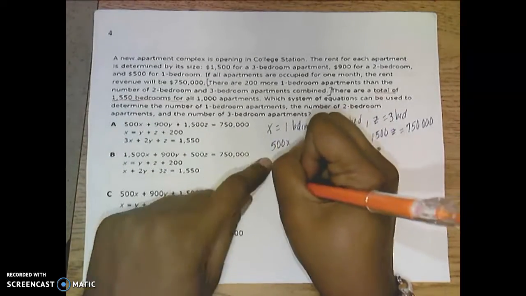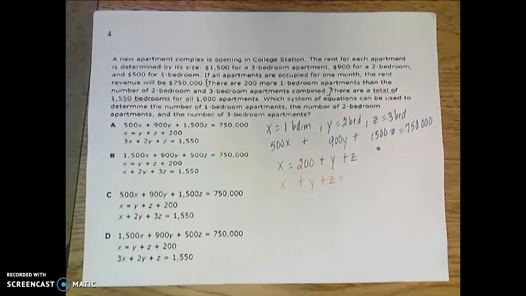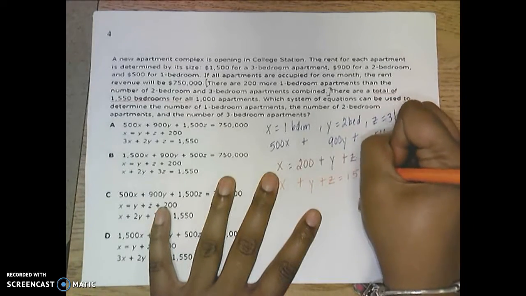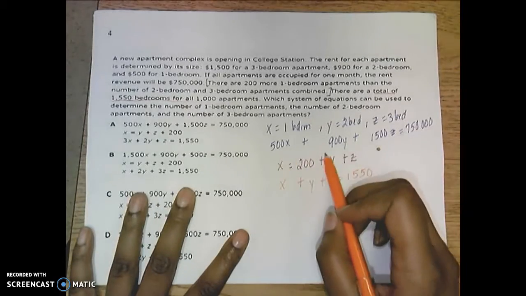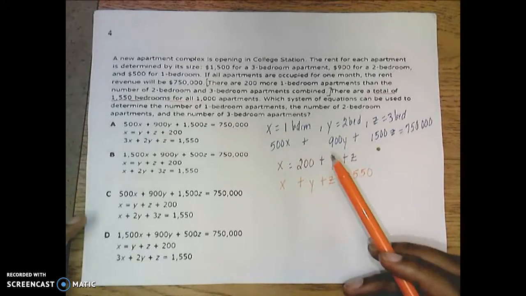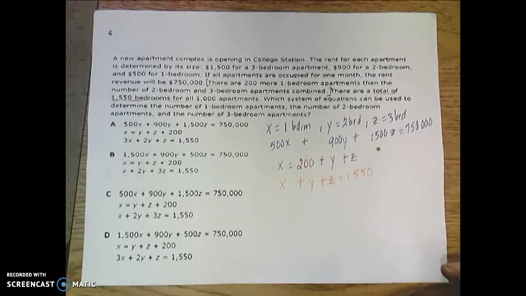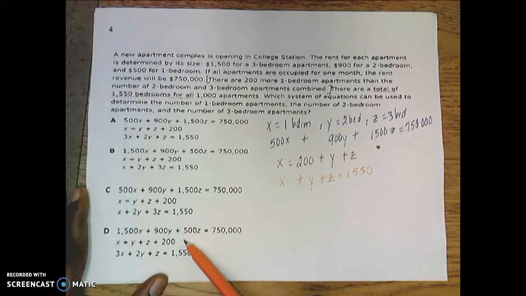So what that means is X plus Y plus Z. When we put it all together, that's bedrooms alone. We have 1,550 bedrooms in the apartment complex. Okay, so what's going to happen is I got 500, 900, 1,500 Z, 7,500. Then you just compare. Okay, don't let the fact that they wrote theirs as Y plus Z equals 200 bother you. And when you look at all the answer choices, they're exactly the same on the second equation.